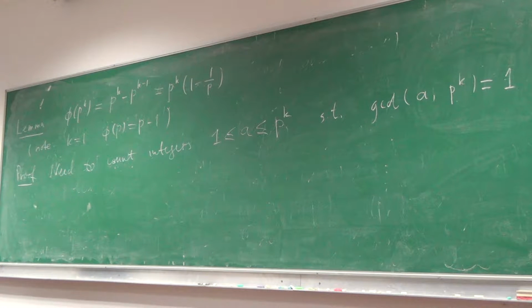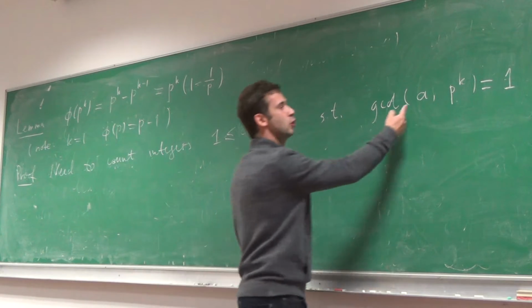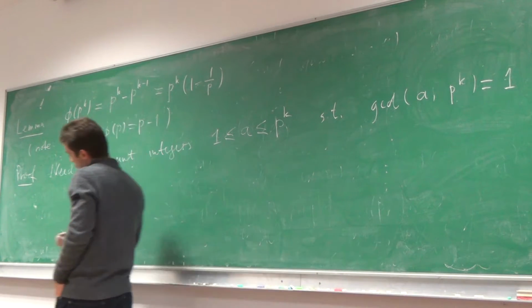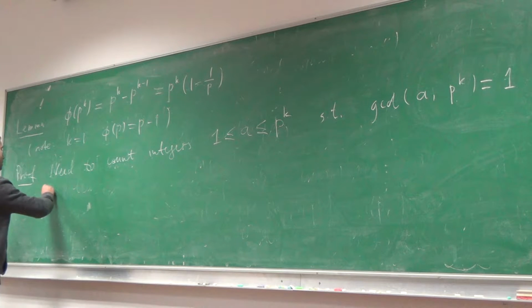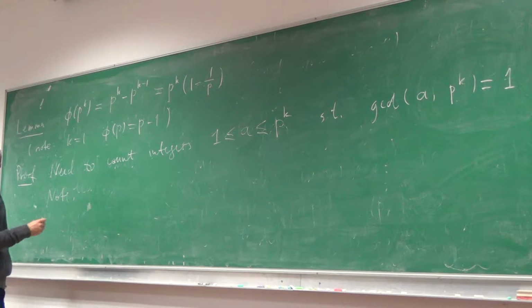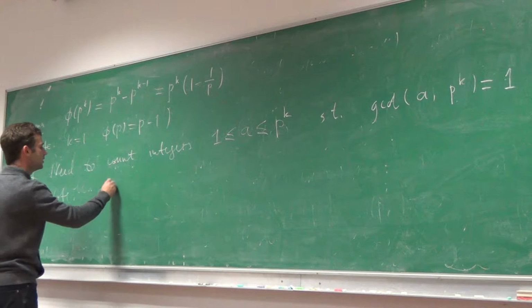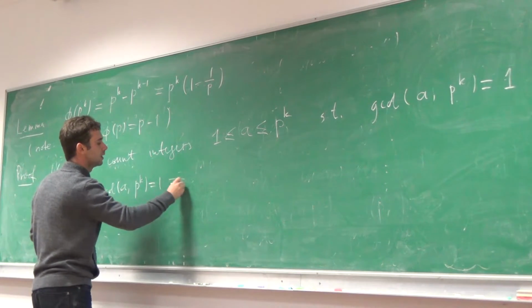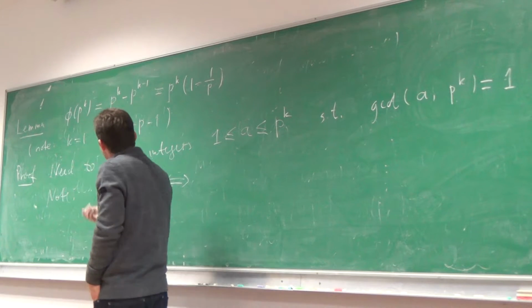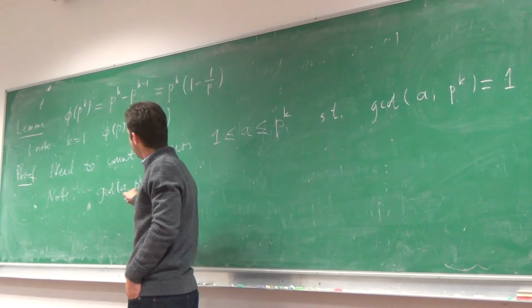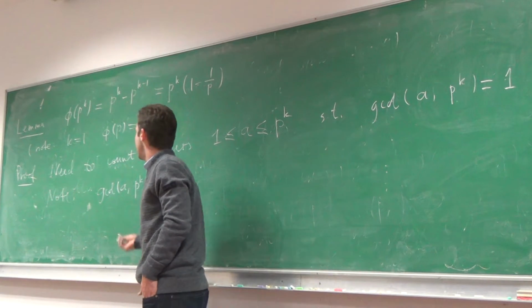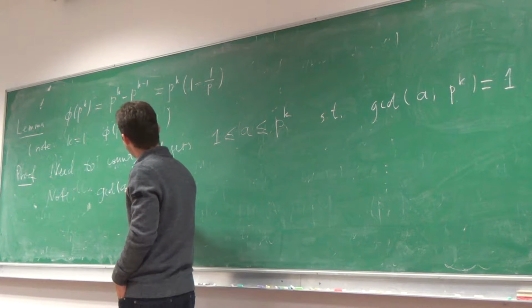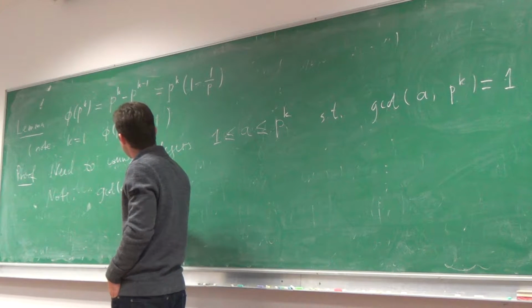Now some observations. What does it mean to be coprime to a prime power? Note the following: the GCD being 1 is if and only if, you see, I want to have no non-trivial common divisors, and all the divisors of this are powers of the same prime.